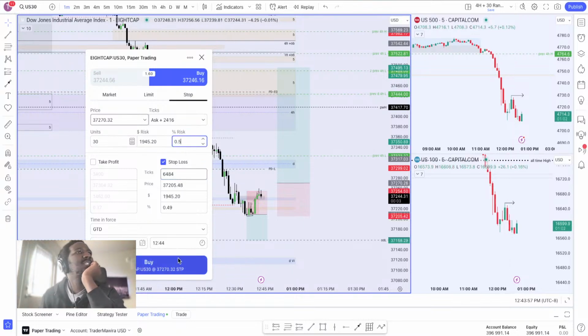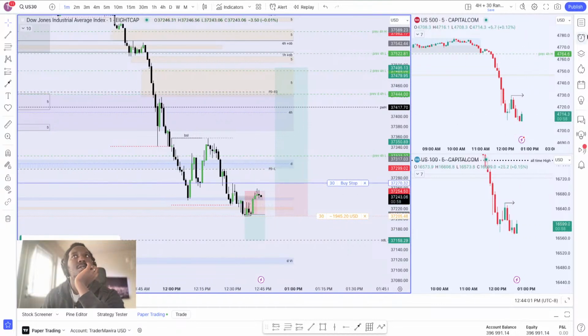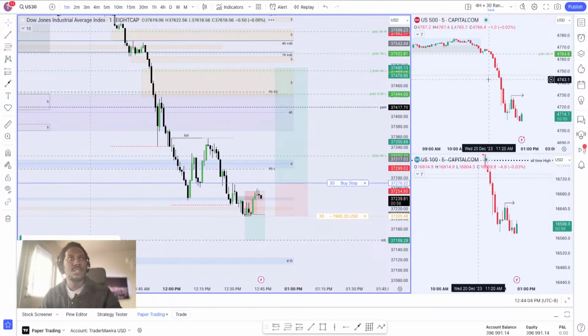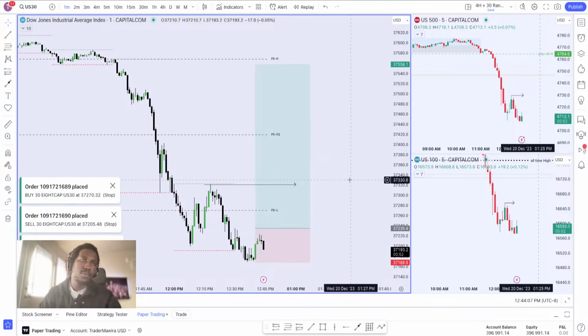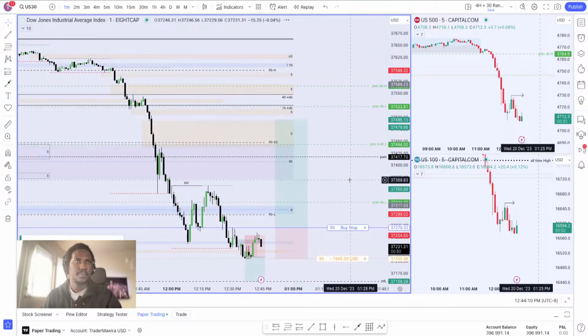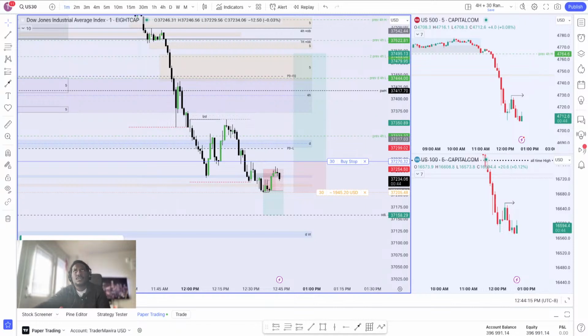I think if I lose this, that will be a total of 2.5% loss for the day. So what we're gonna do is, on this one, I'm going to close that because I have it modeled on this other side. It's now 12 something, just about to 12:44, a minute to 12:45.